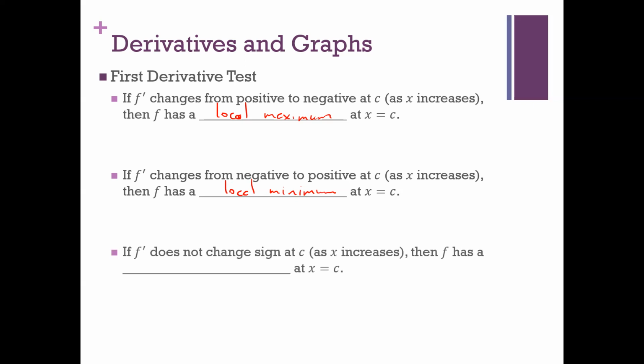What if it does not change sign? What if it goes from positive to 0 to positive, or negative to 0 to negative? Did I tell you what that thing was called? Or did I just say that it was neither a maximum nor a minimum? So it was neither. Okay.